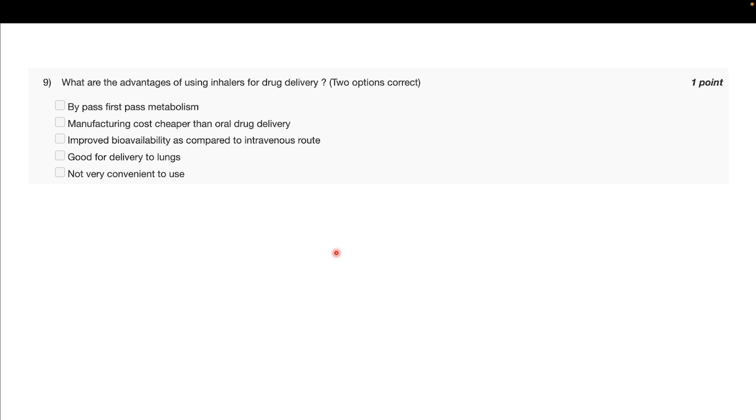Any guesses? Option 1 and 4. Option 1 is bypasses first pass metabolism and good for delivery to lungs. Okay. Thank you for answering.